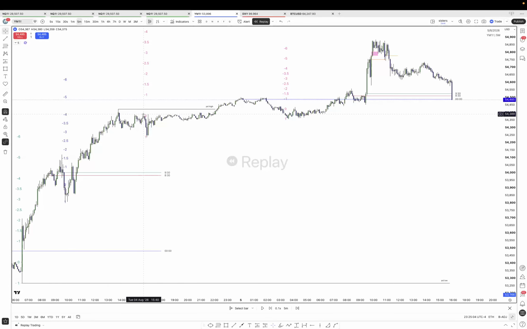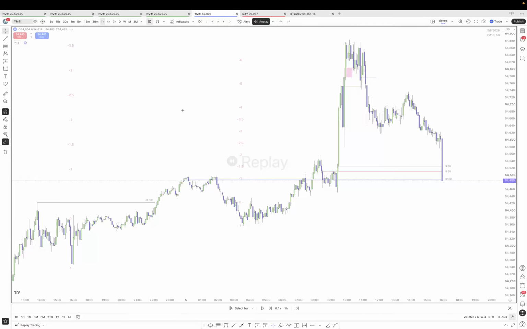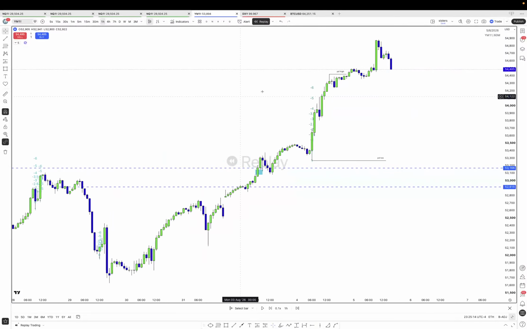We have this fib reaching reversal range. We have previous day expanding the whole day and the day before that as well. Right?